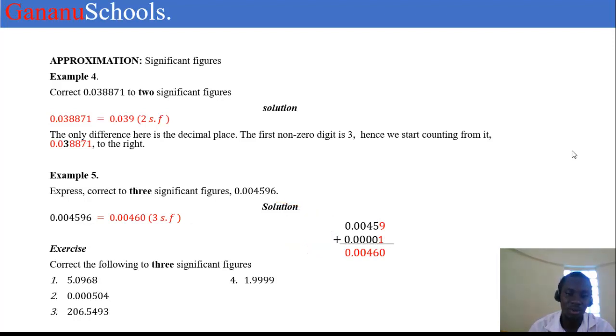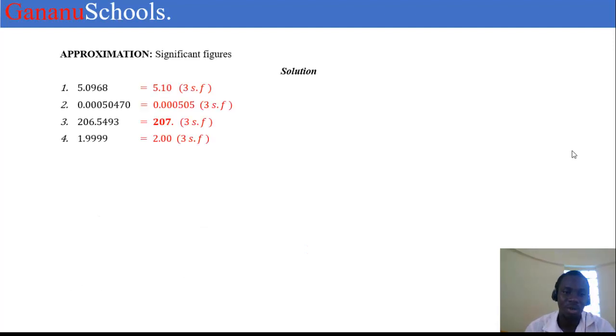So let's see what we had. Considering our solution, let's look at question 3 and 4. Now we have 5 after the decimal point, but we have other decimals trailing behind it. For that reason, we have to run up by adding 1 to the 6. But we still bring the decimal point because there are other decimals trailing behind before we deem them to be insignificant, giving us our three significant figures.